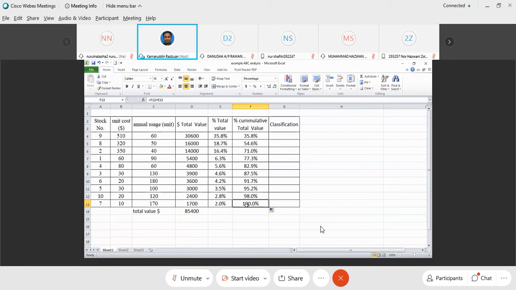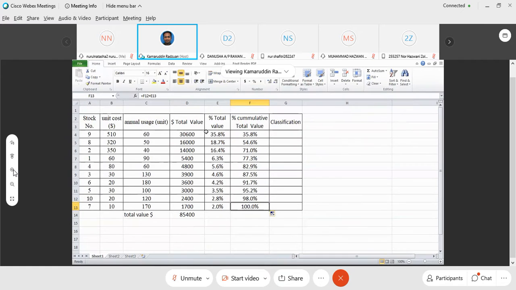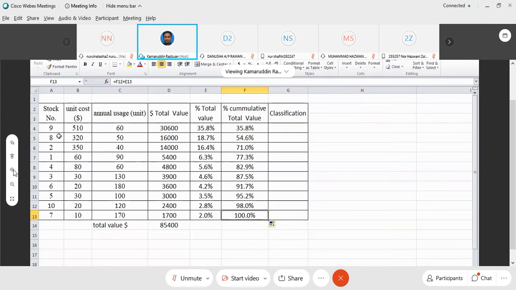If the percentage cumulative total value exceeds or is less than 100%, it shows that something is wrong in our ABC analysis, maybe in the sorting process, or in the calculation of the percentage or the total value for each stock number.